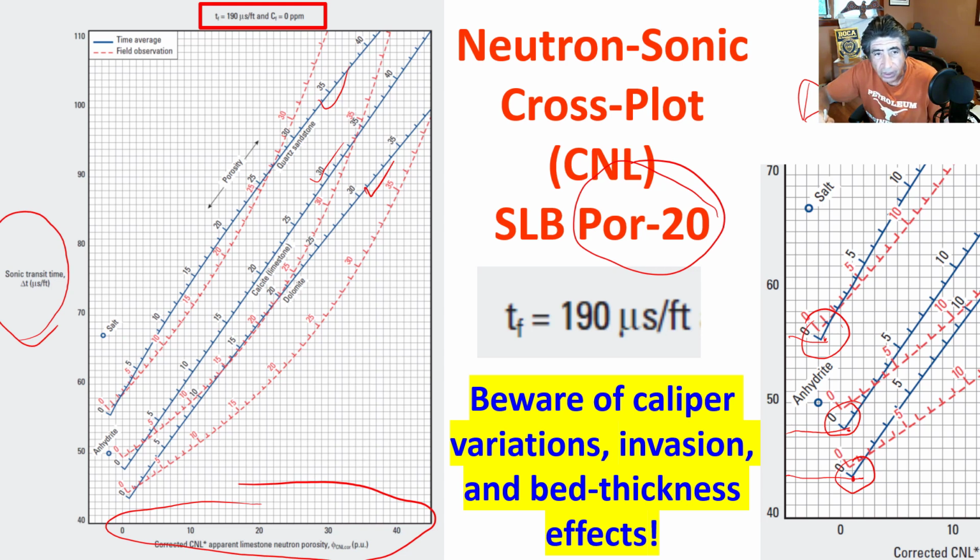So you don't have to memorize any of this, but that's one of the takeaways from these charts that I always use. And now you will see that there are two guides. One is the blue and the other one is the red. It turns out that the red is some sort of guide when you have compaction effects. Let me talk about that later. But for now, let's just concentrate on the blue guides. Also I want to mention that these guides are calculated using Wyllie's equation, the time of flight average formula, assuming that the time of flight for the fluid is 190 microseconds per foot, and that corresponds to water.